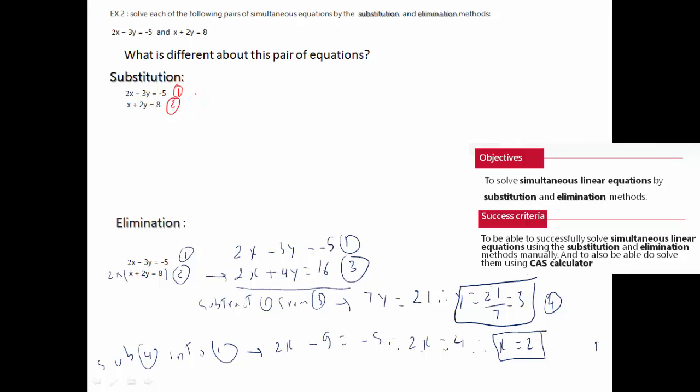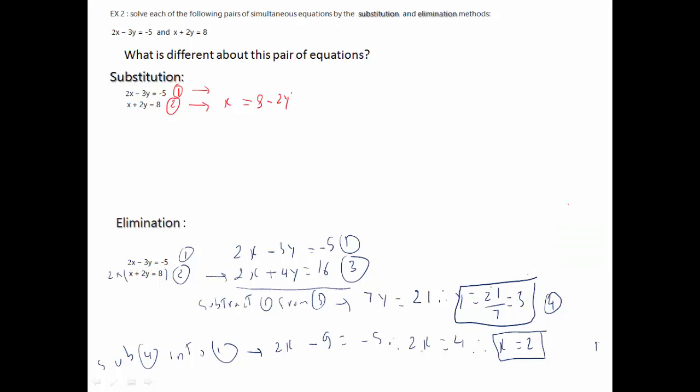We can use 1 or 2. If we use 1, it will involve dividing. If we use 2, that's actually easier. Straight away it will give us x equals 8 minus 2y, while if you use the first one, then you need to divide by 2. So x equals 8 minus 2y, and we'll call this equation 3.